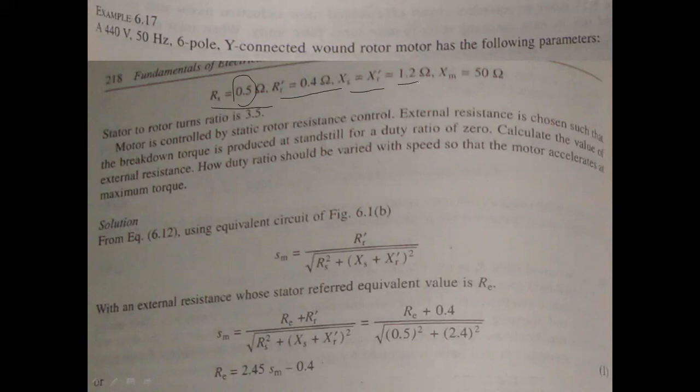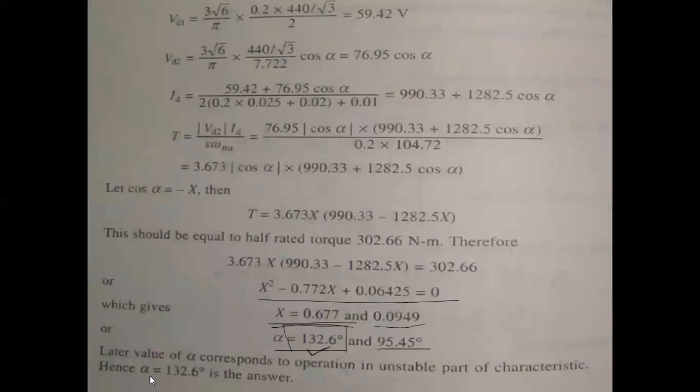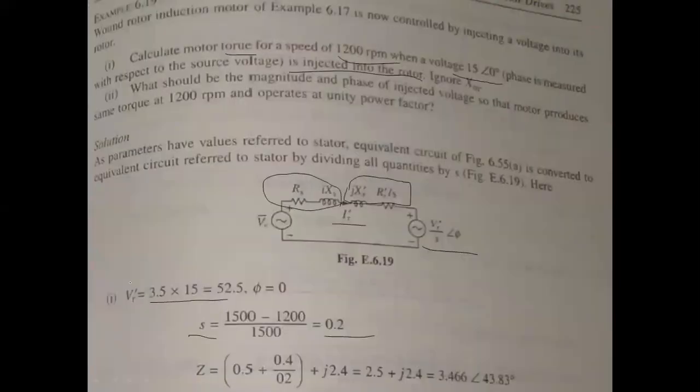We can neglect XM. The stator to rotor turns ratio K is 3.5. For the voltage, VR dash is equal to, actually 15 is the given voltage. So VR dash, the rotor side voltage, is equal to K times VR.